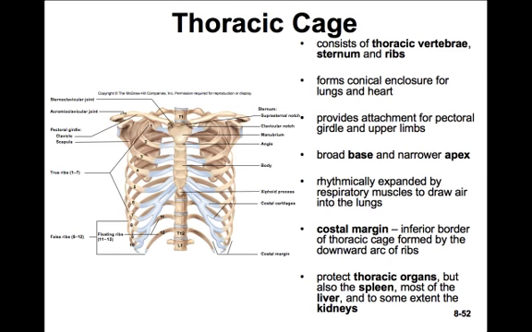The respiratory muscles act to rhythmically expand the ribs and draw air into the lungs. The costal margin is the inferior border of the thoracic cage, formed by the downward arc of the ribs. And this whole cage will protect all the thoracic organs, as well as the spleen, most of the liver, and to some extent the kidneys, as they sit right in here.